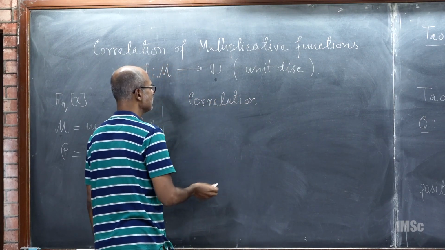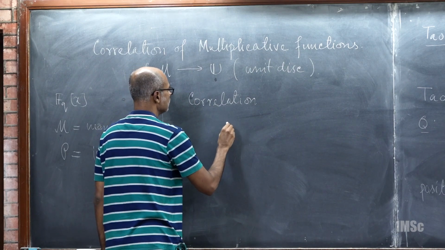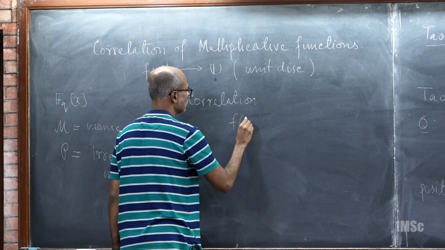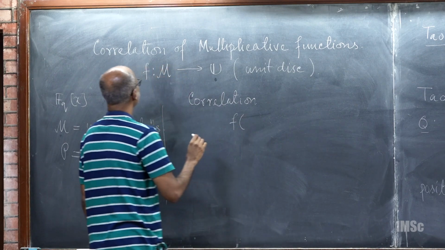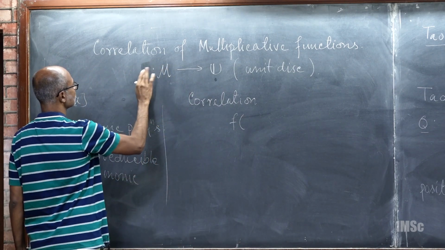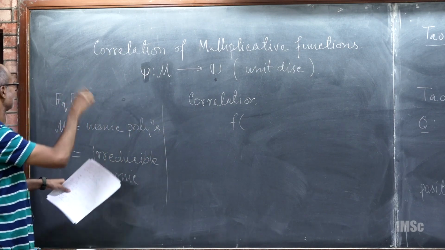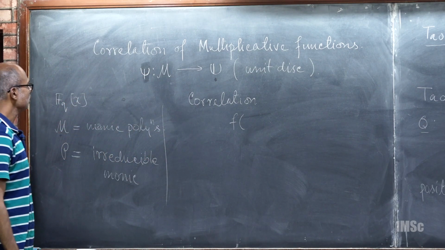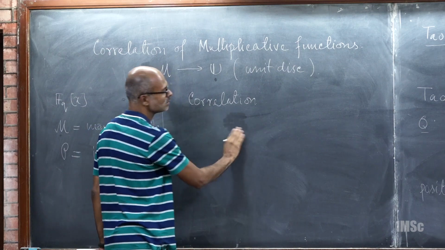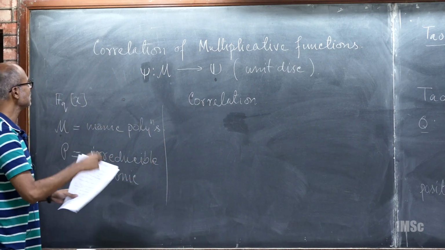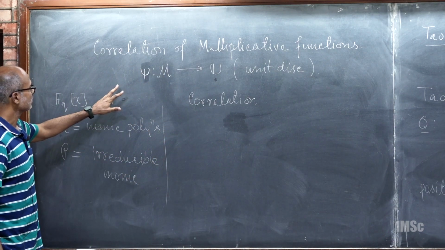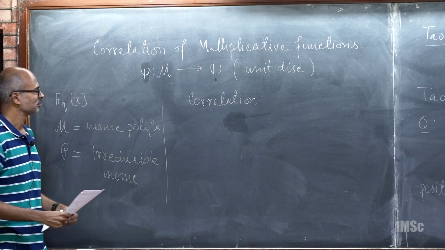The correlation would be a sum like this. Actually, I would use the notation phi, psi, etc. for functions there, because I would reserve f, g, a, b, the usual capital letters, for the polynomials.